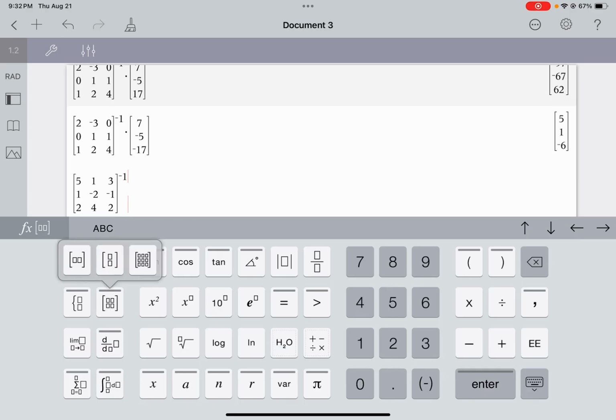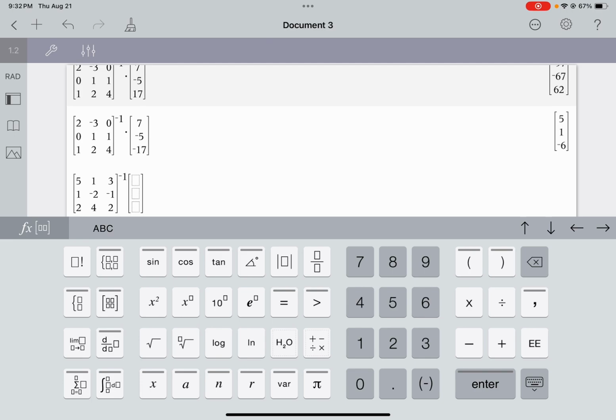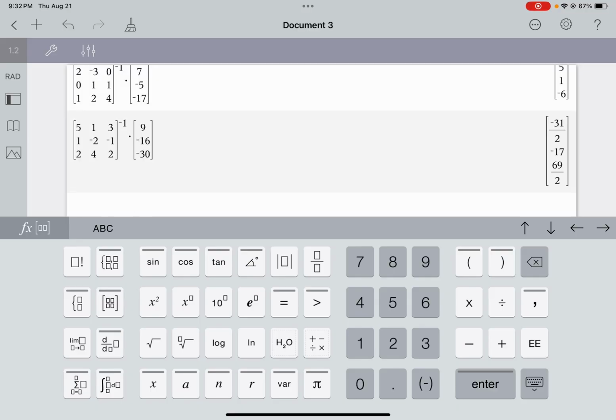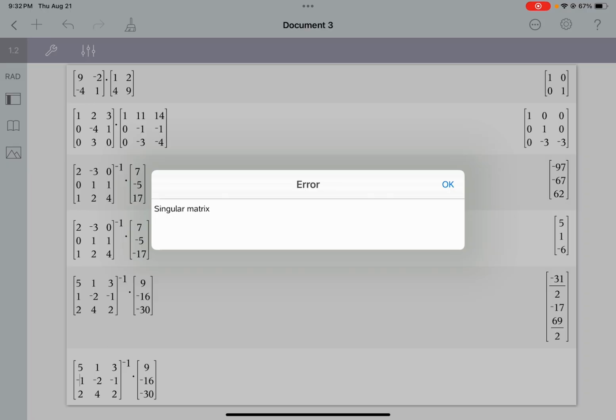And then we're going to multiply it by a 3 by 1. Press enter. So I made another mistake when typing it in. So let's see, where did I make the mistake? I did not make that one negative. So always double check what you're typing in. It's easy to make a mistake. Okay, that's what I wanted.